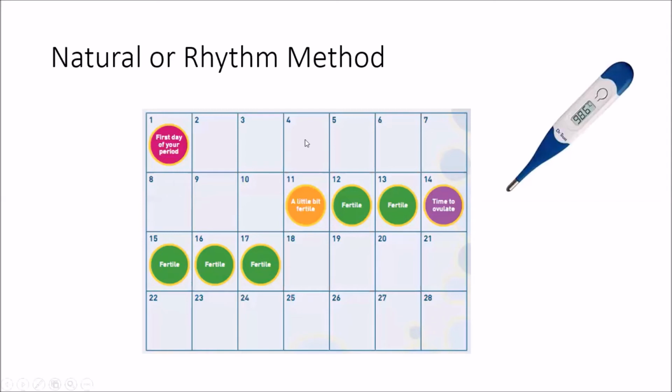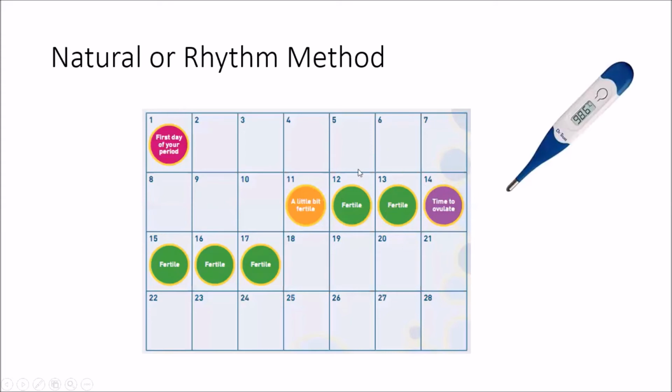What you're trying to avoid with the calendar method is day 11 to day 17, because during this time, the female is going to be the most fertile.